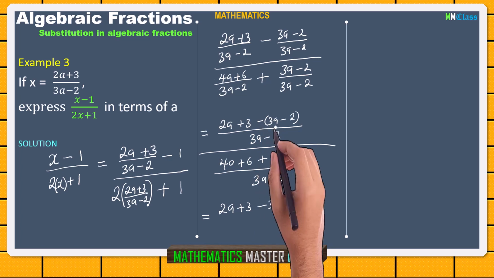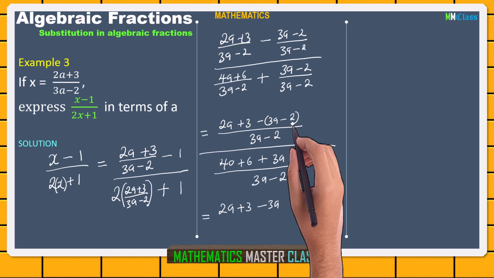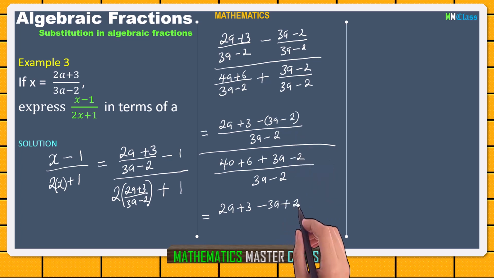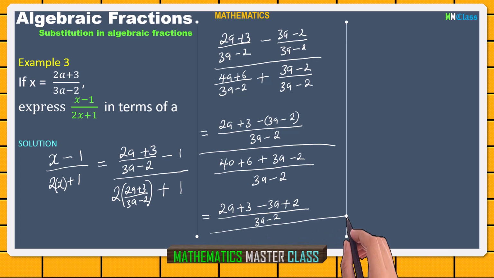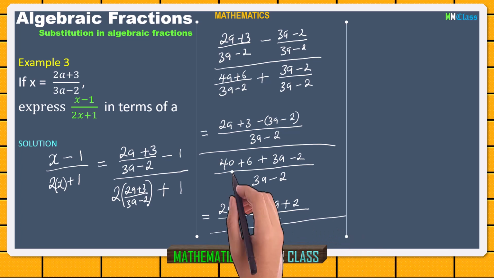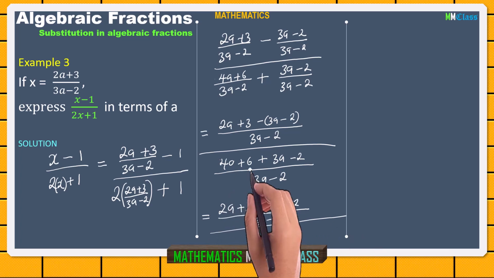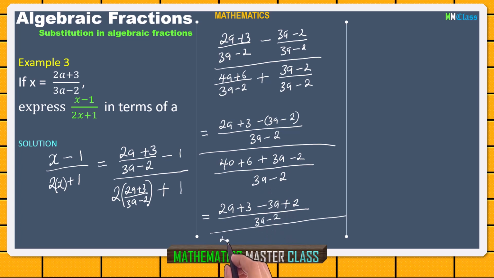The same minus will multiply minus 2 here, and it will give us plus 2, all over the denominator, which is 3a minus 2. Then again, we are treating the denominator now. 4a plus 6, we'll just rewrite that because we are not removing any bracket there, plus 3a minus 2 all over 3a minus 2.